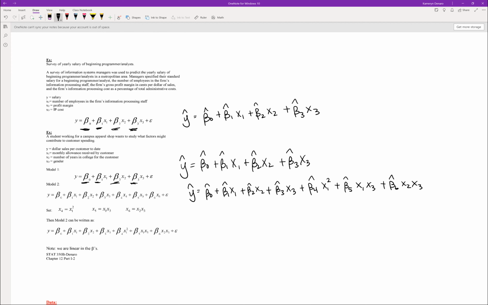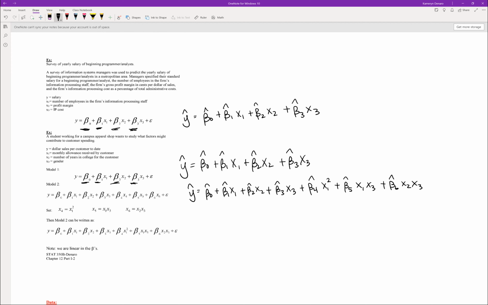So this is what our prediction line looks like. So now we don't just have one x, we have many x's, and we have a single y. All right, so we've written out model 2 in another way.